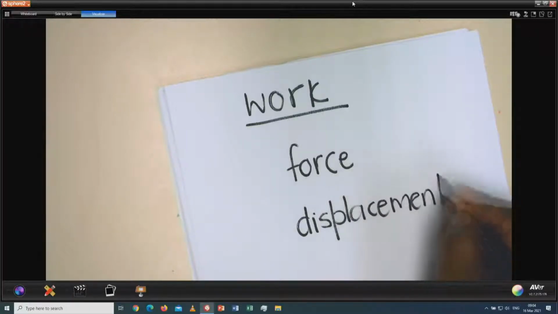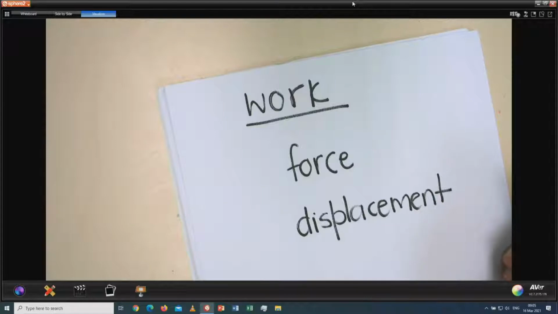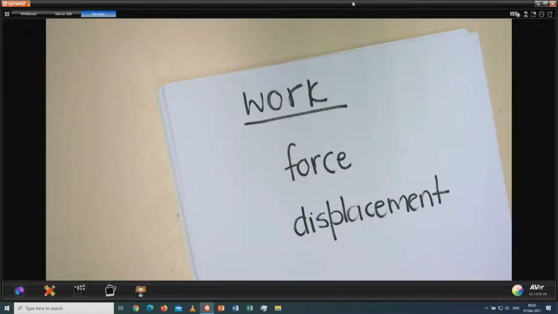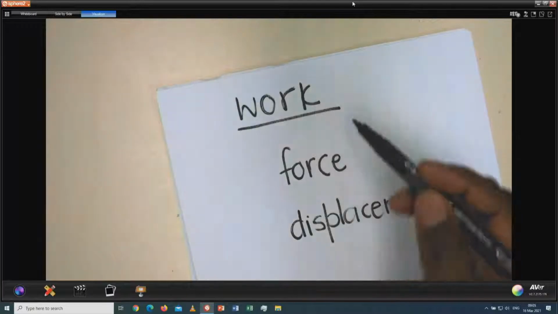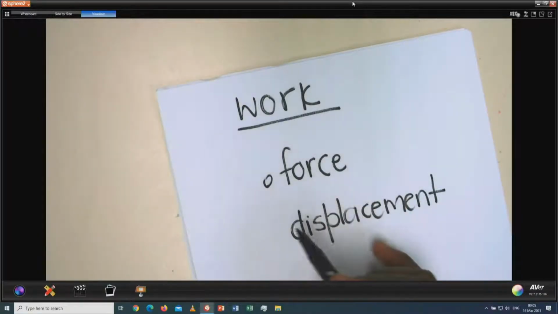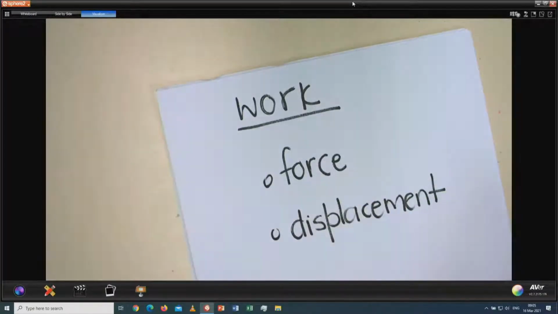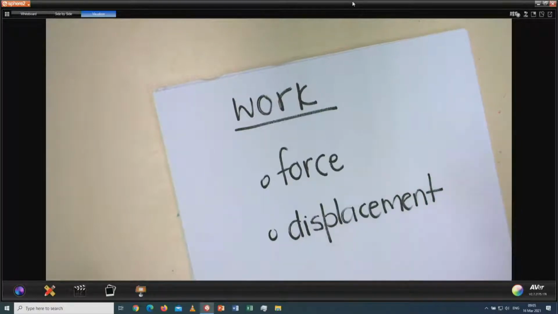I believe in order for us to remember the definition, it's important for us to know the meaning of the words that are used in this definition. So for our science language, when we refer to work, we mean that there is a force involved and there is a displacement involved. Now, how are these involved?